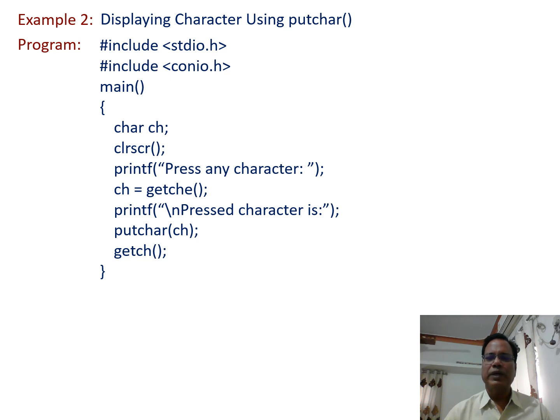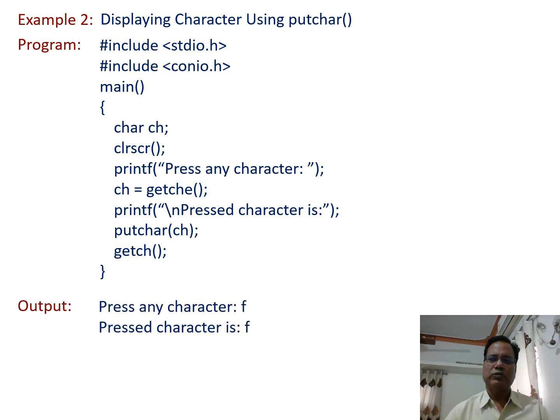Then using the printf function, we print "Pressed character is:", and after the colon the cursor blinks, and at that point putchar(ch), the value of the character variable, is printed.